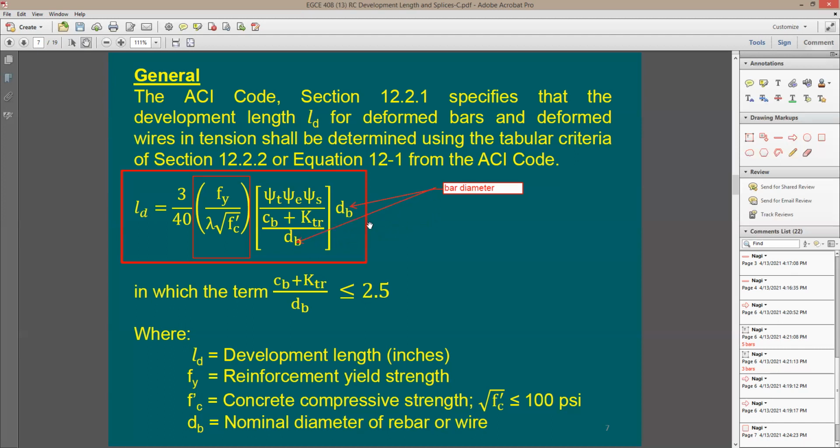I have 2 factors here, one called Ktr and the other called Cb, that I need to understand. Basically, I have 5 new factors that I need to know. I know fy, I know f prime c, I know lambda, I know db. So I'm going to have psi, Cb, and Ktr. Let's take them one by one and see the effect and how we can handle it.